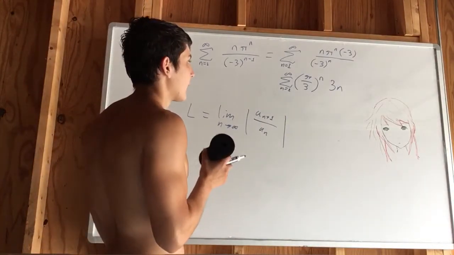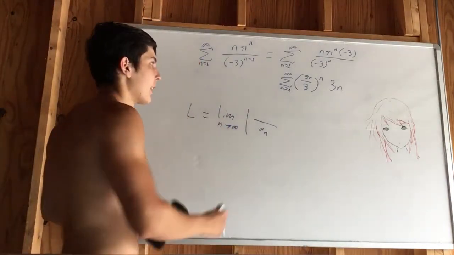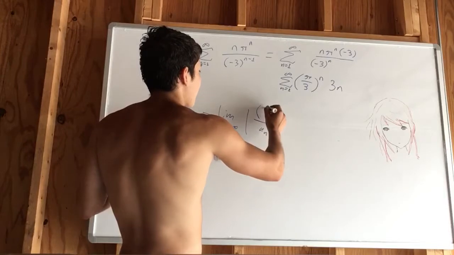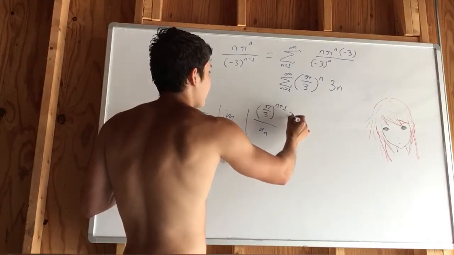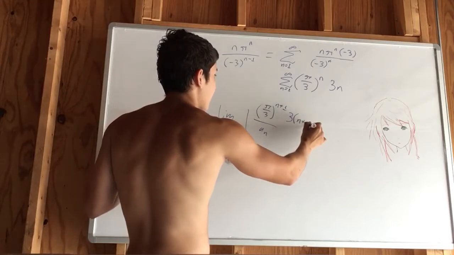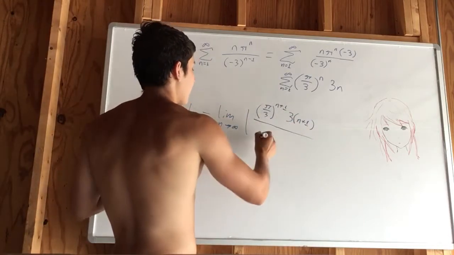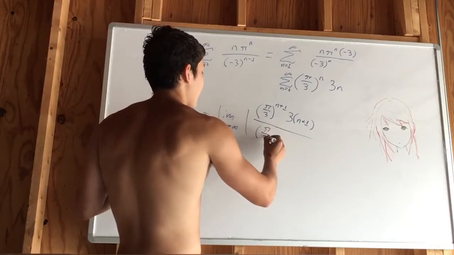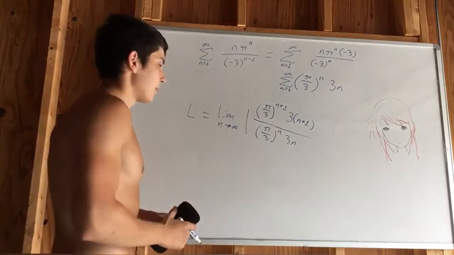Now it looks a lot better, and we can plug in n plus 1 for all n's. Pi over 3 to the power of n plus 1 times 3 times n plus 1. Here's our original version, pi over 3 to the n times 3n.